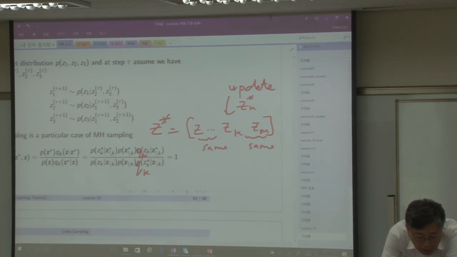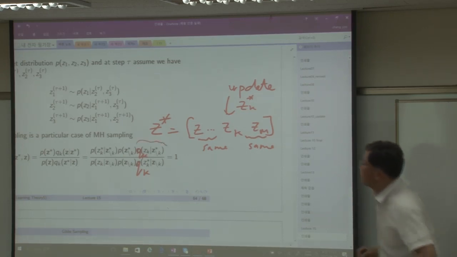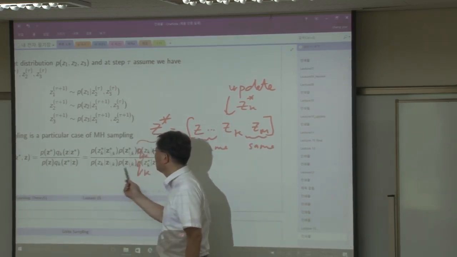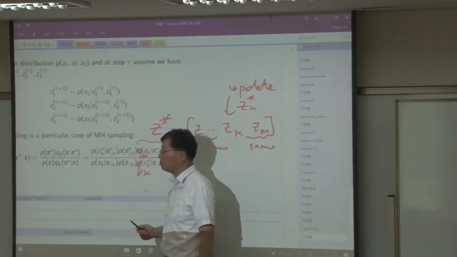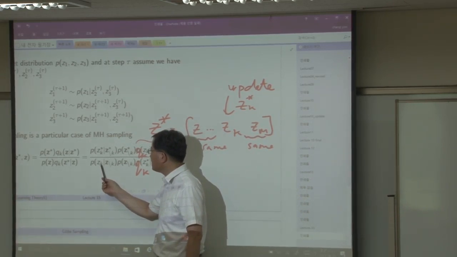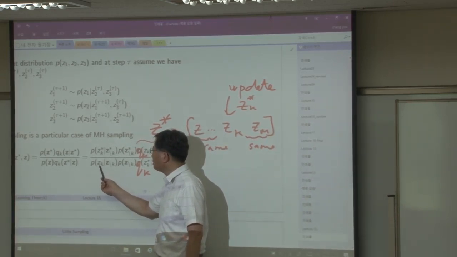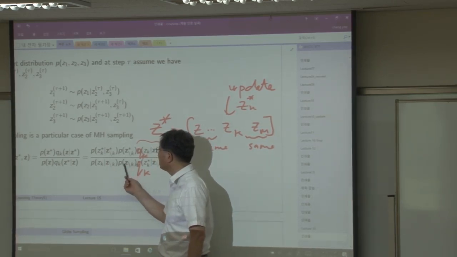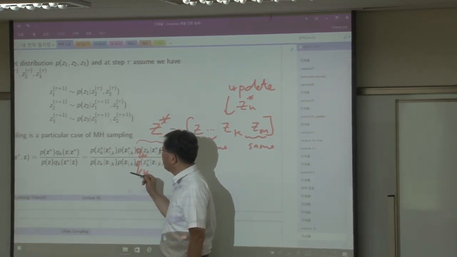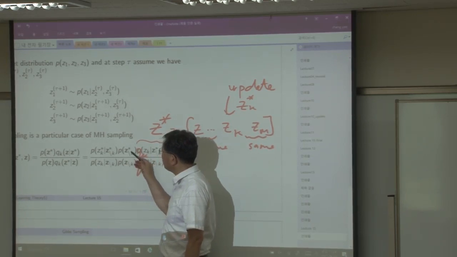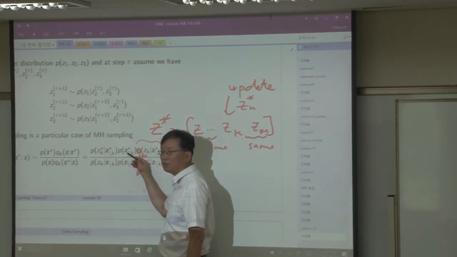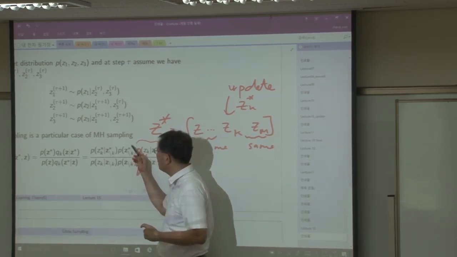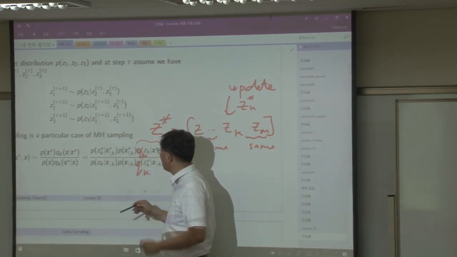Let's keep this for a while. This one, I've also split up like this: the element Z_k and the rest. And it turns out the rest is the same, because only Z_k we are considering. So that and that are the same.